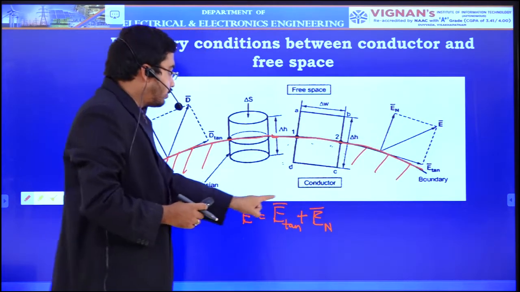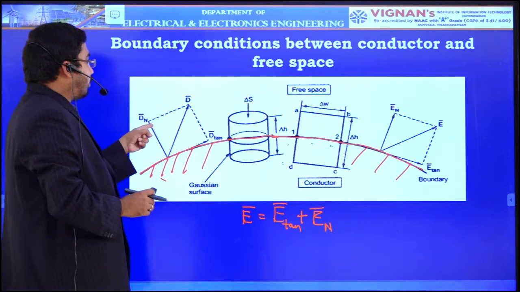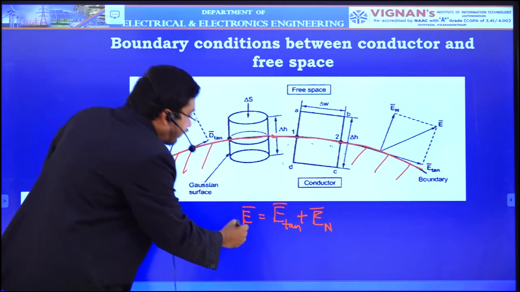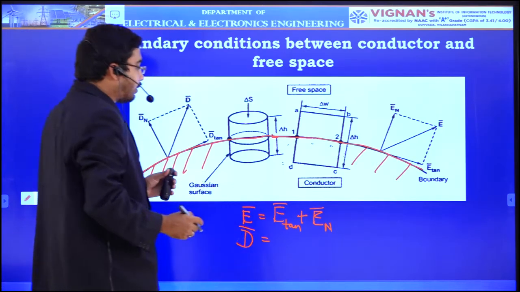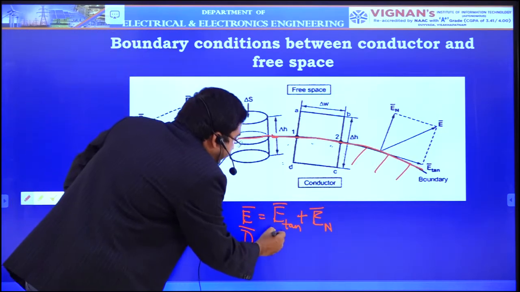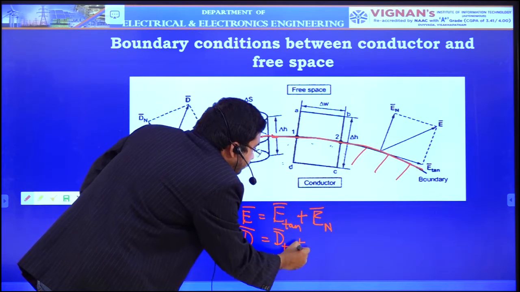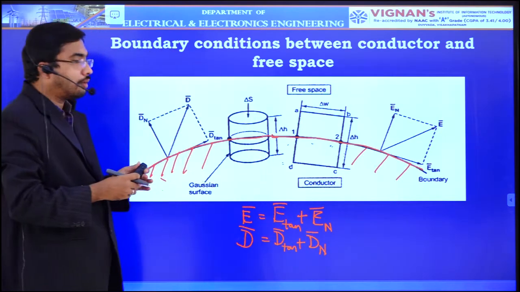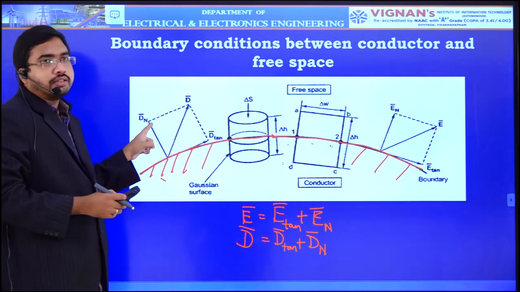So E bar is equal to E tan plus En. Similarly, your electric flux density D bar is also the phasor sum of the tangential component D tan and the normal component Dn.